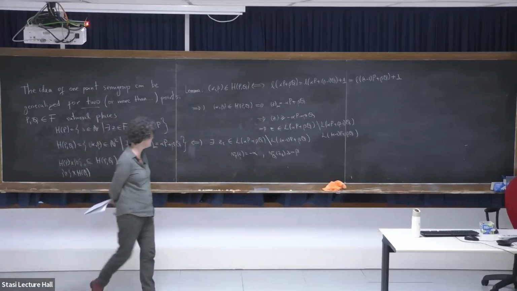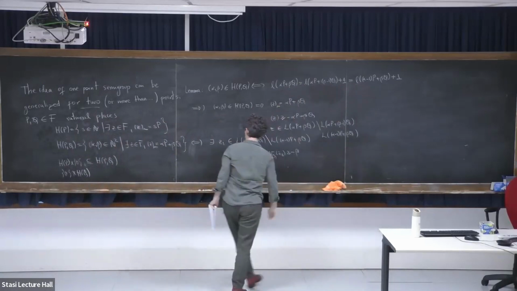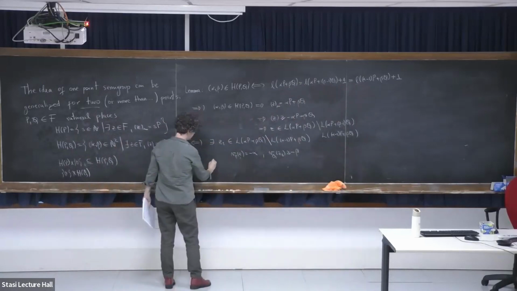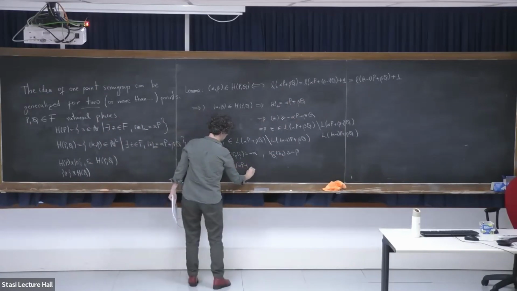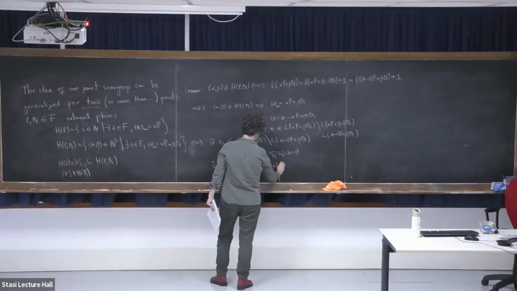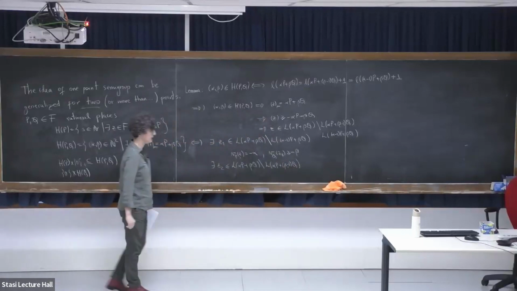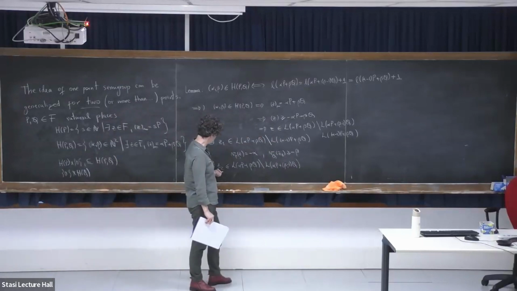So we have this, and we also have a function here that's not there. In a similar way, we have a second function. What does it mean? It means that the order of the pole of zeta 2 at the point Q has to be exactly beta.